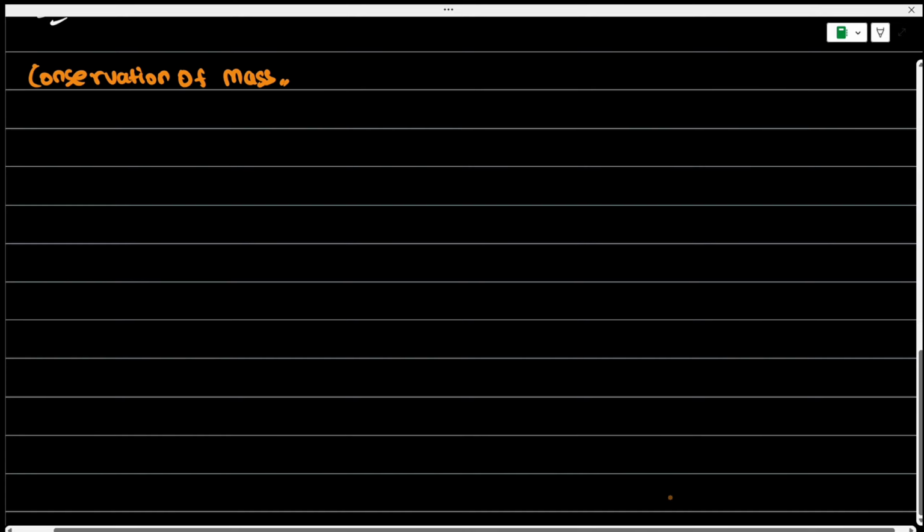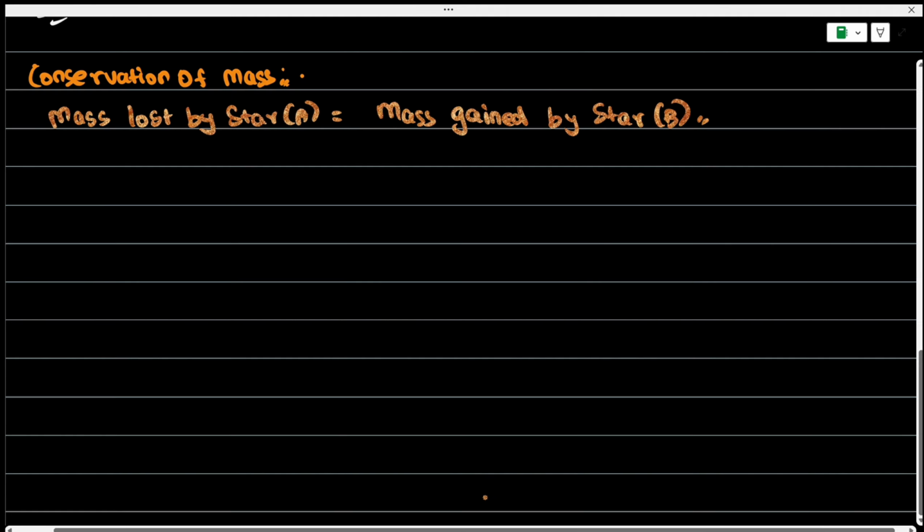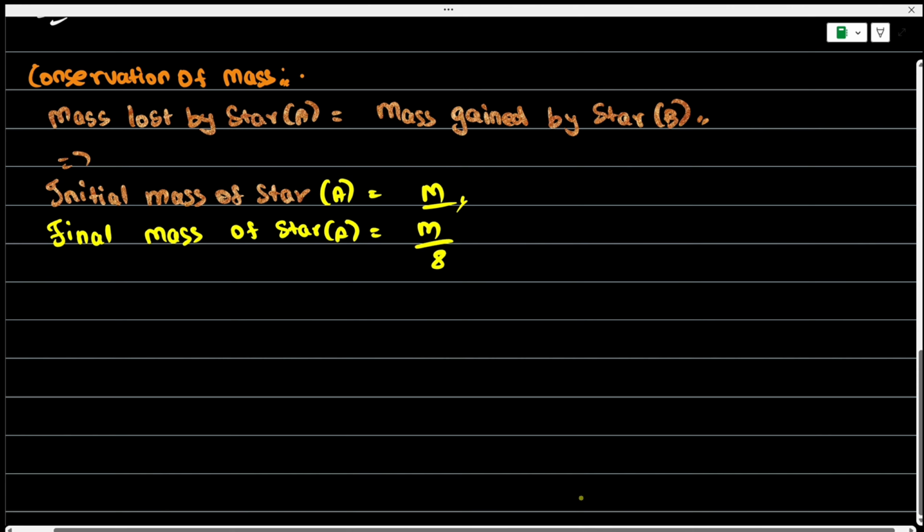Now I am going to find the lost mass of star A and the gained mass of star B. I am going to find the new mass of star B by using conservation of mass. Let's say the mass lost by star A is equal to the mass gained by star B. The initial mass of star A is m, and the final mass of star A is m by 8.